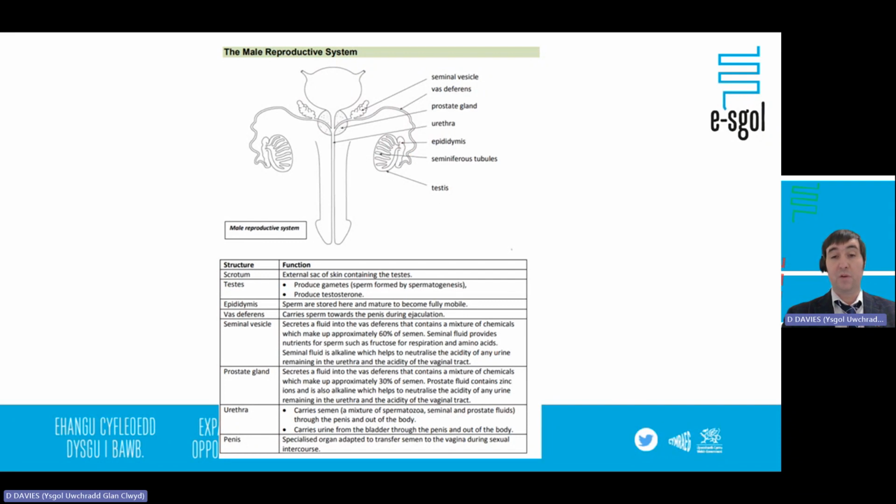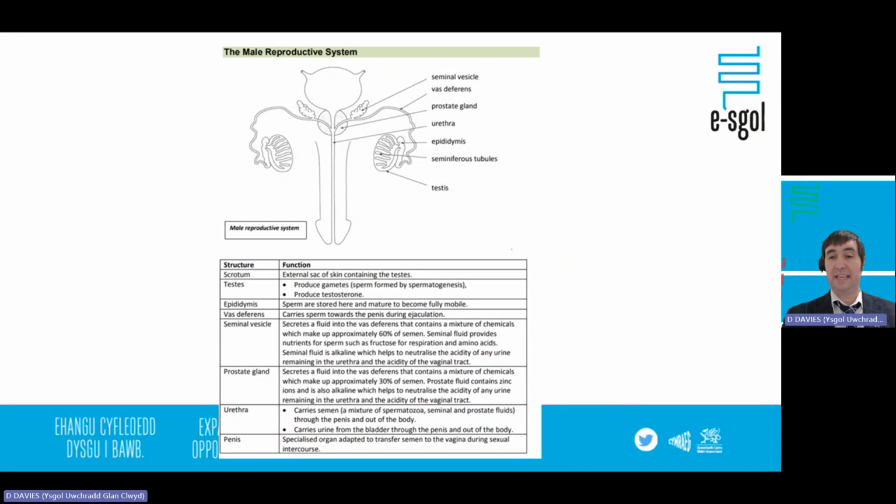It makes up over half of what the semen is, what is actually ejaculated. That fluid contains lots of nutrients that enable the sperm cells to take nutrition for respiration, in order to survive their long and arduous journey.